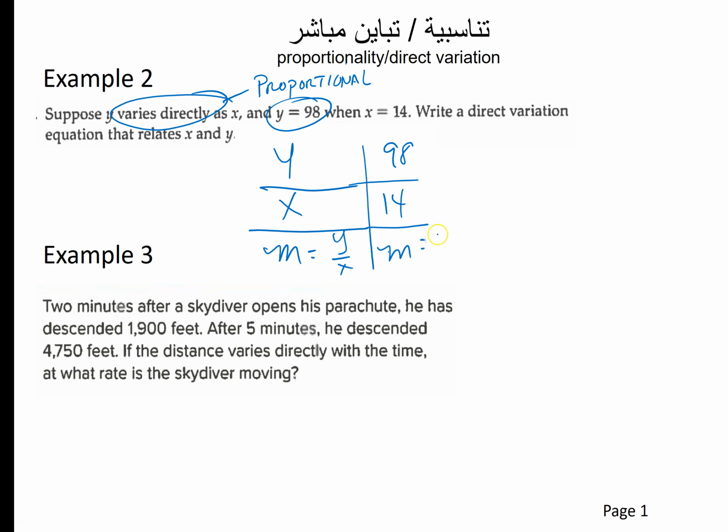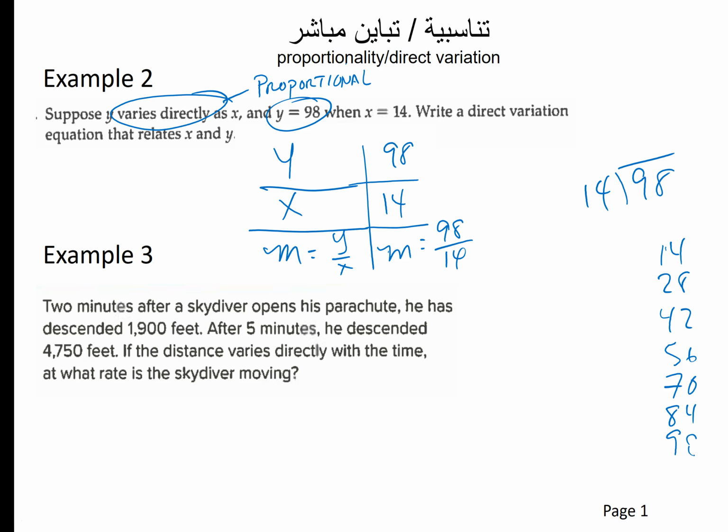So our slope must be 98 divided by 14, which is 14, 28, 42, 56, 70, 84, 98. So 1, 2, 3, 4, 5, 6, 7 times. So my slope is 7. So my equation is y equals 7 times x.